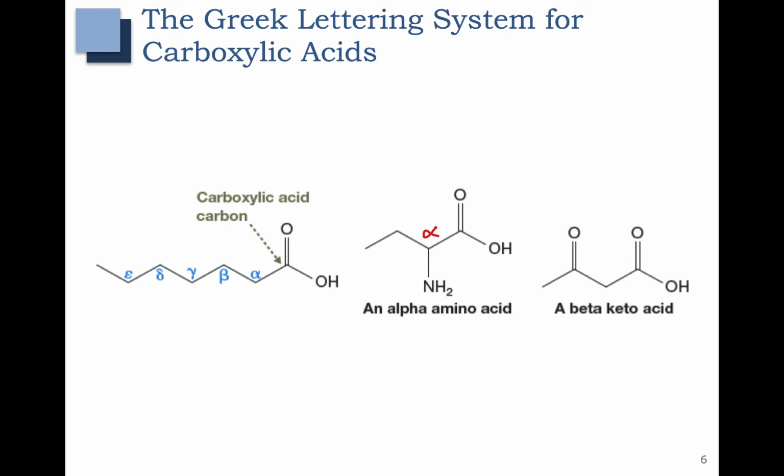In this right case, we have a beta keto acid because the ketone is beta to the carboxylic acid. When we talk about reactions of carboxylic acids or carbonyl groups, you might hear me say that they occur at the alpha carbon or at the beta carbon. Occasionally we have reactions that will occur gamma or delta, but that's rare.